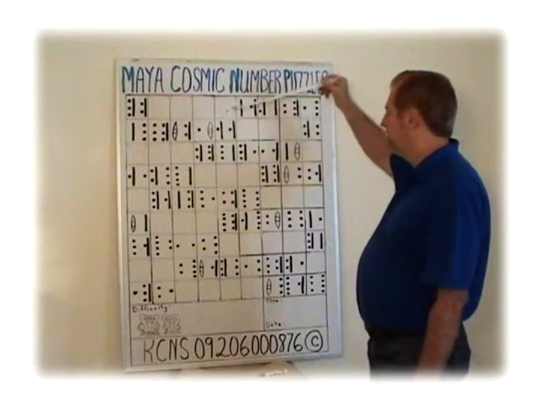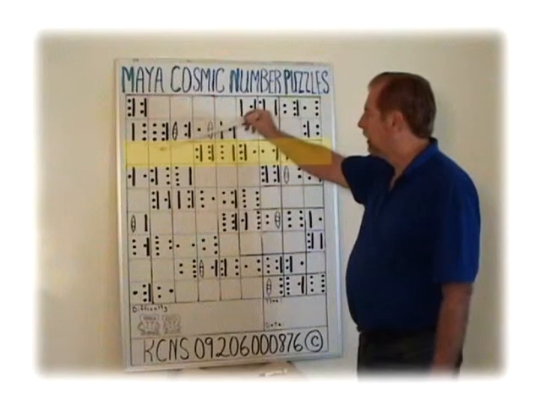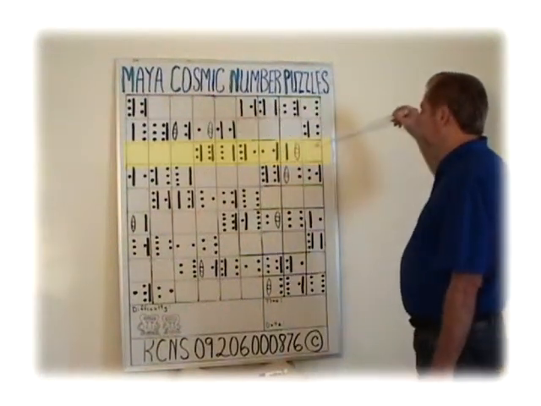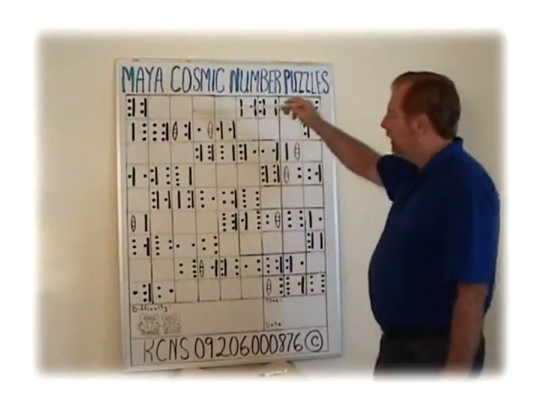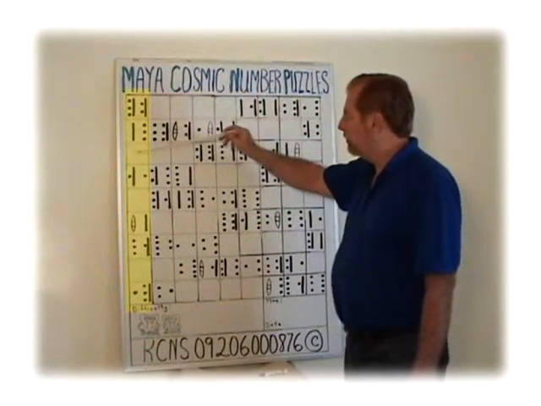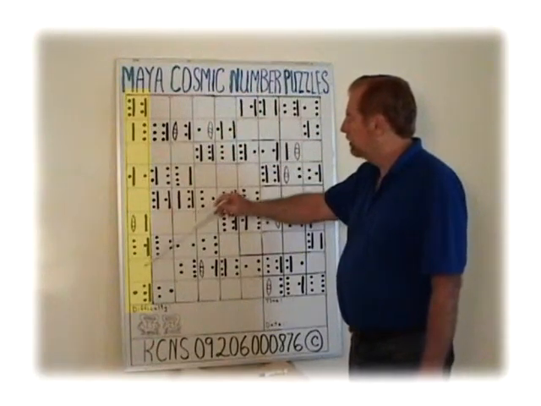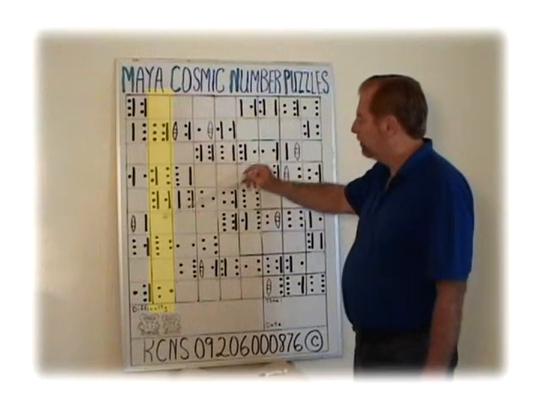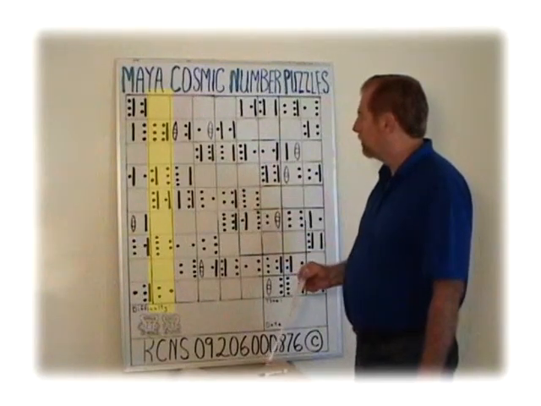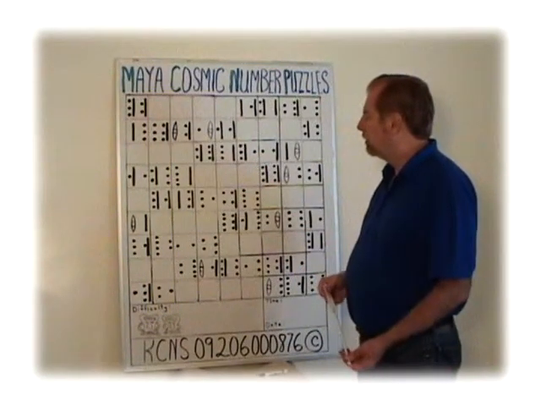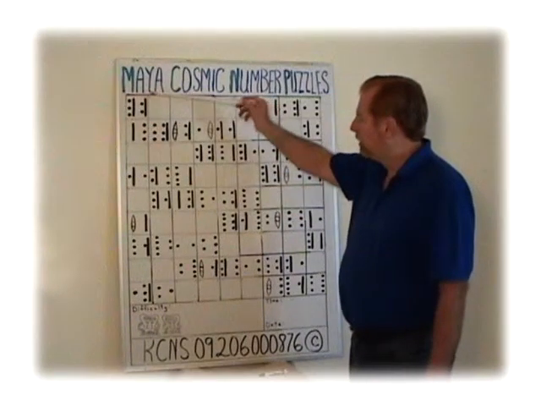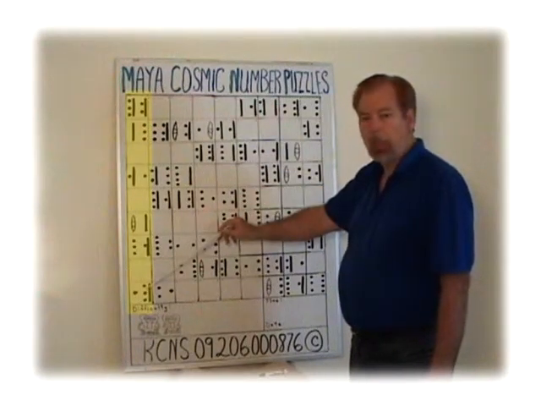That would make it much easier. There are 4 in the third row. In this column, there are 3. In this column, there are 4, which would make it harder. So let's start by solving for this column.